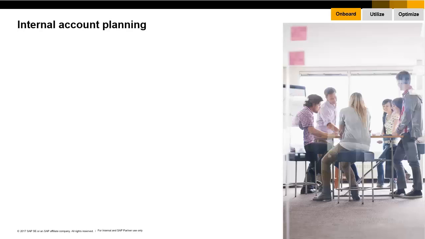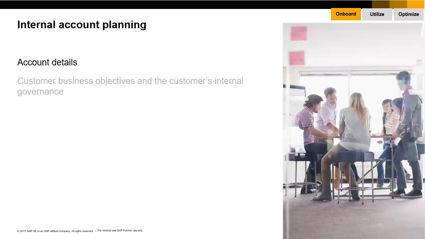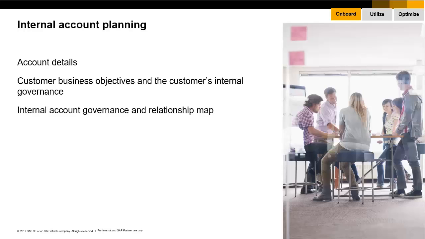Things that you'll want to track and report out on include account details, for example, what products are owned, when they plan to go live with each one of the products, customer business objectives, and the customer's internal account governance and relationship map.